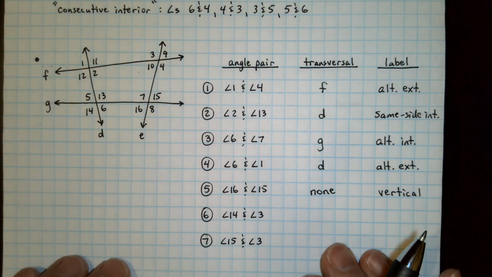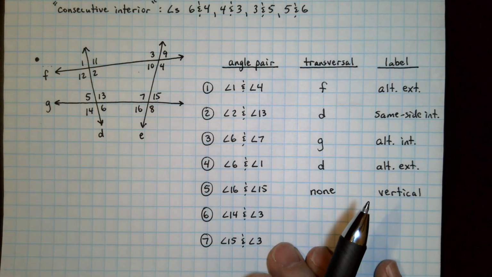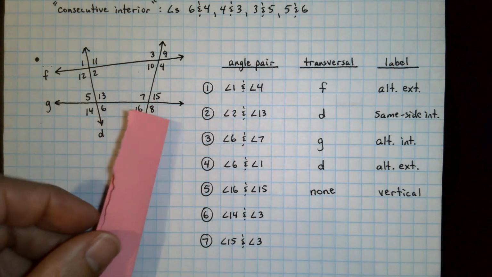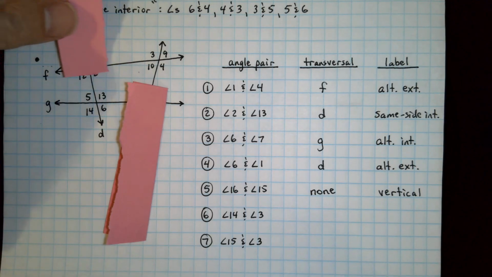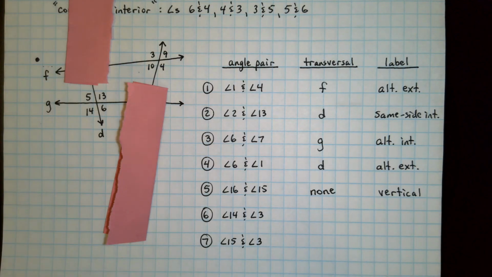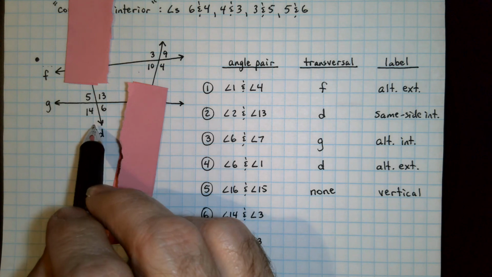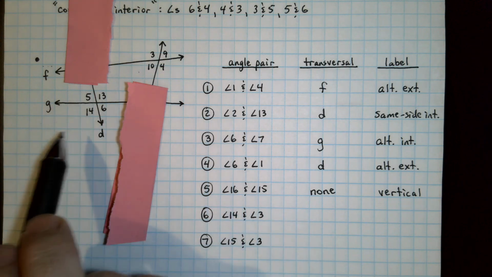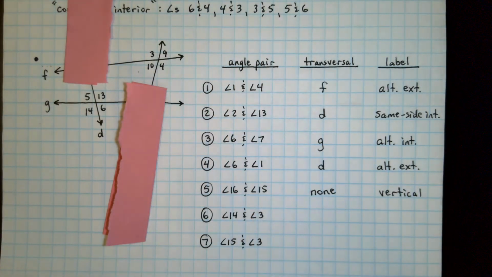In example 6, we have angle 14 and angle 3. This also is a little bit of an unusual pairing because we don't use this group and we don't use this group. But in order to form these angle pairs, we needed these 2 lines to form angle 14, and we needed 2 different lines to form angle 3.